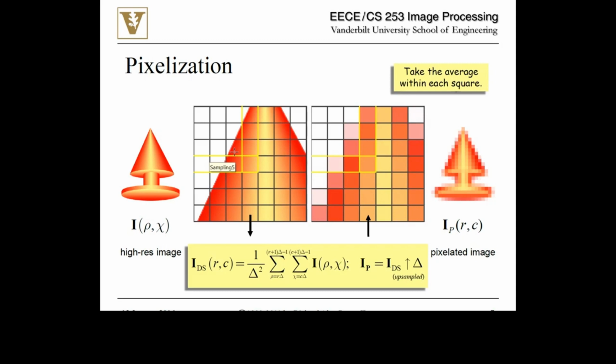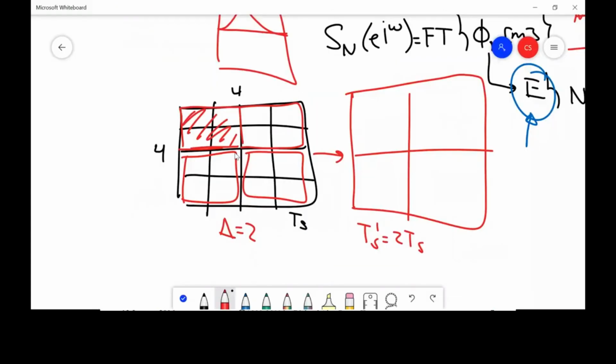The R,C pixel in the output comes from the rows R times delta to R plus 1 times delta minus 1. That is relatively easy to see.